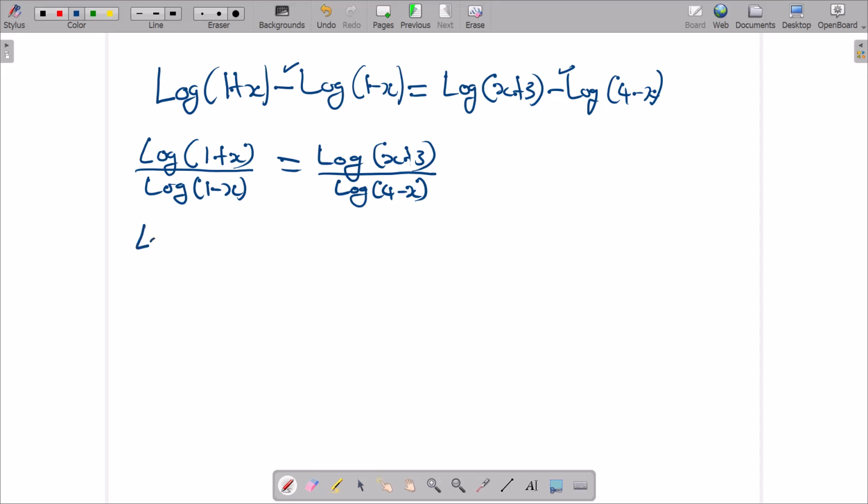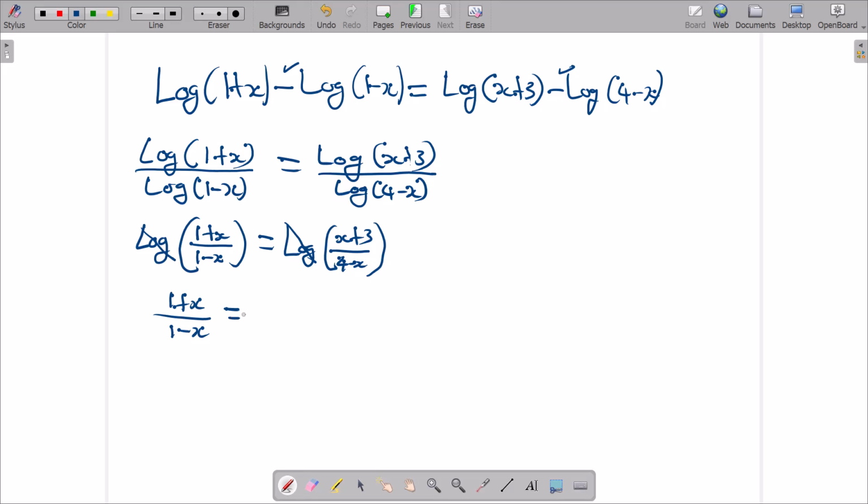For example, we factor out log, then a big bracket, we have our single fraction here, 1 plus x all over 1 minus x equals log again with a big bracket, x plus 3 all over 4 minus x bracket. So in this case, we can cancel the logs, and we have our fraction as this.